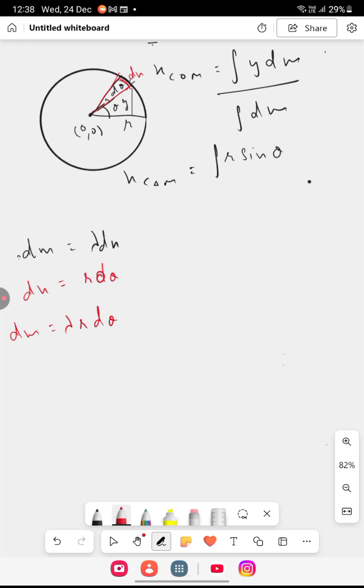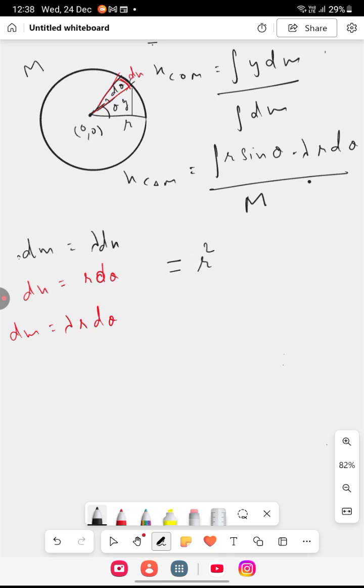Putting the value here, lambda r d theta upon integral of dm, which represents the total mass of the ring. It is given that the total mass of the ring is capital M, so we write capital M here.